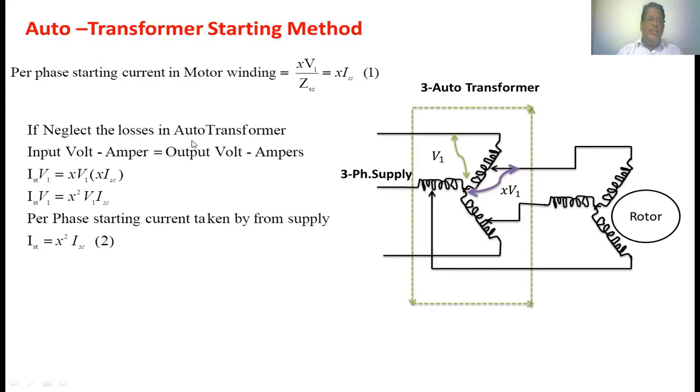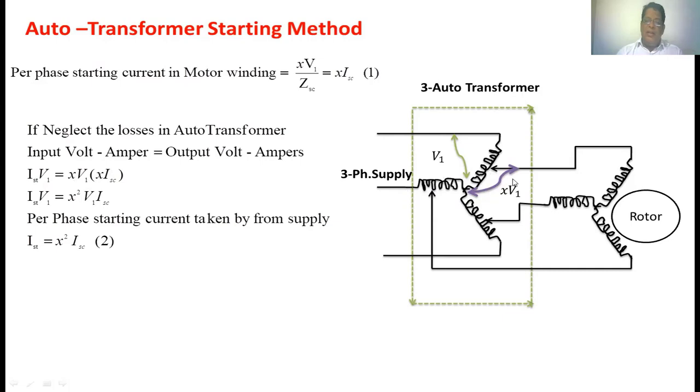If we neglect the losses in a transformer, input volt ampere is equal to output volt ampere. At the input side, at the time of starting, we have IST into V1, because V1 is the voltage applied to the primary winding of the auto transformer. That is equal to X into V1 into XISC, where XISC is the current at the secondary side of the auto transformer.